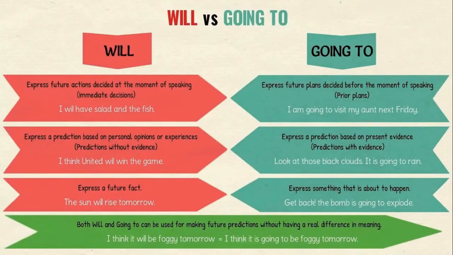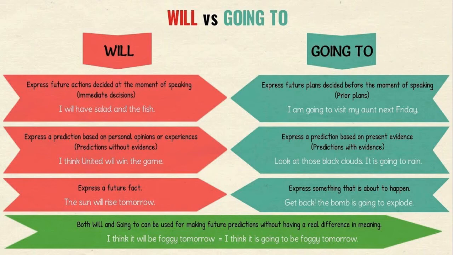We use will and going to at the same time to express future actions. But what is the difference between will and going to? Let's discuss. We use will to express future actions decided at the moment of speaking. That is, we use will to express immediate decisions.